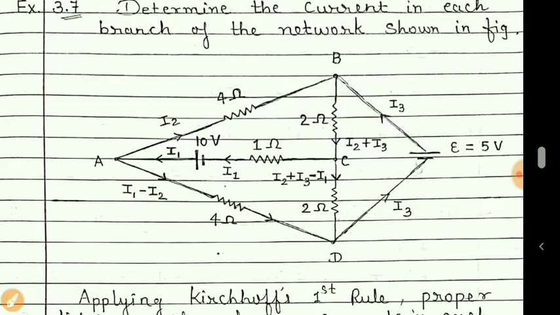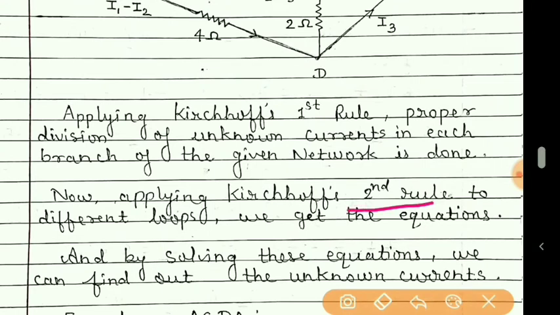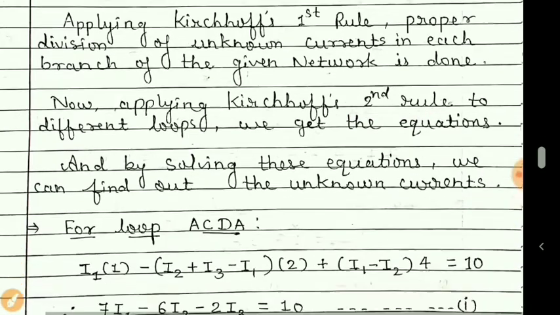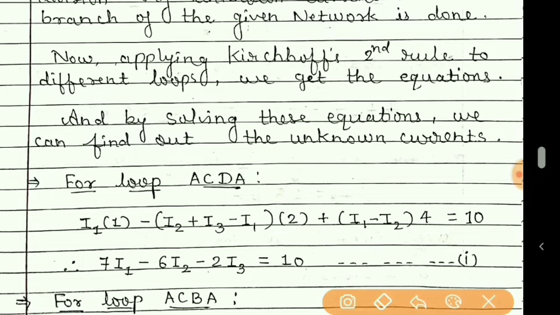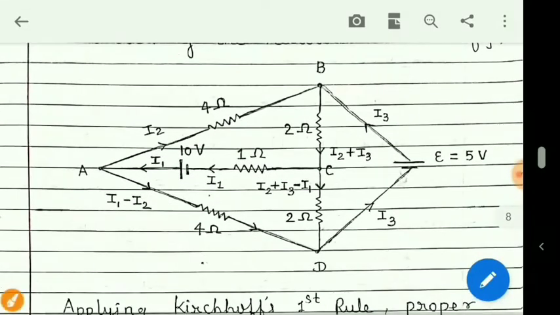Now we have to apply Kirchhoff's second rule to different loops so that we can get the equations. Now applying Kirchhoff's second rule to loop ACDA. Students, look at the figure.